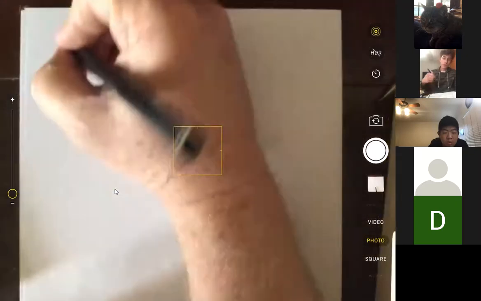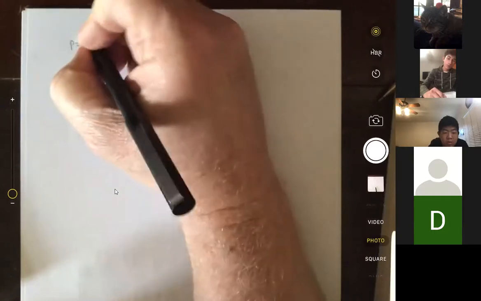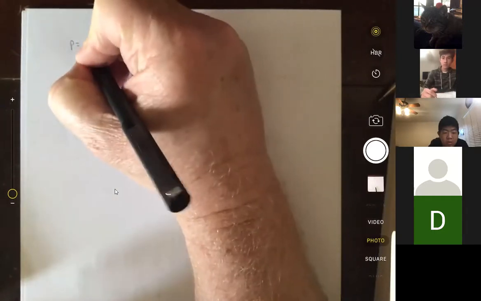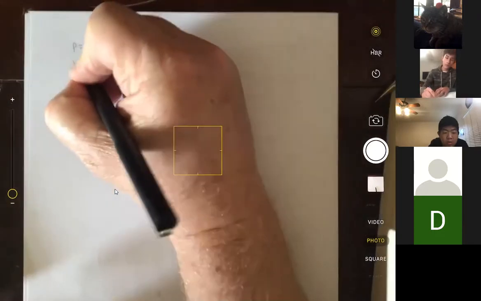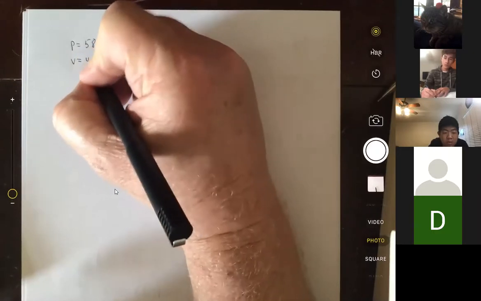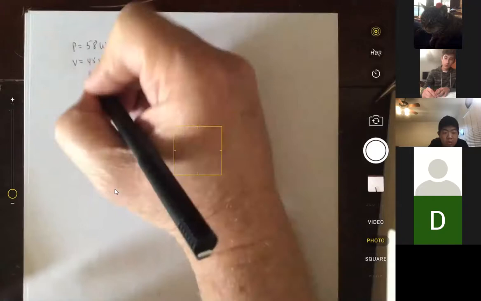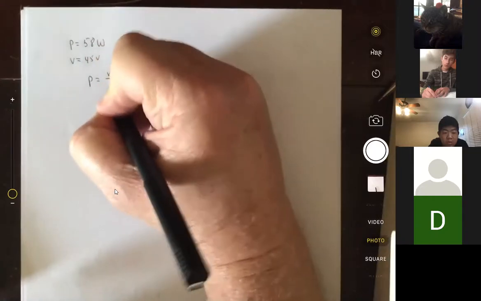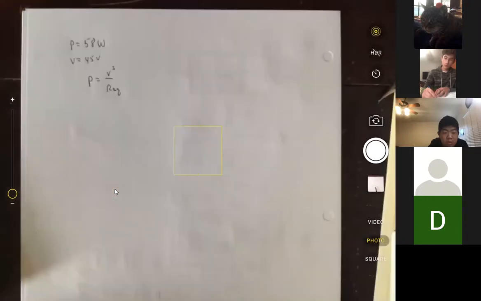They tell you that your battery delivers 58 watts of power to the entire circuit, and they tell you that the voltage of the battery is 45 volts. And so you're going to use power equals V squared over R to get the equivalent resistance of the circuit.